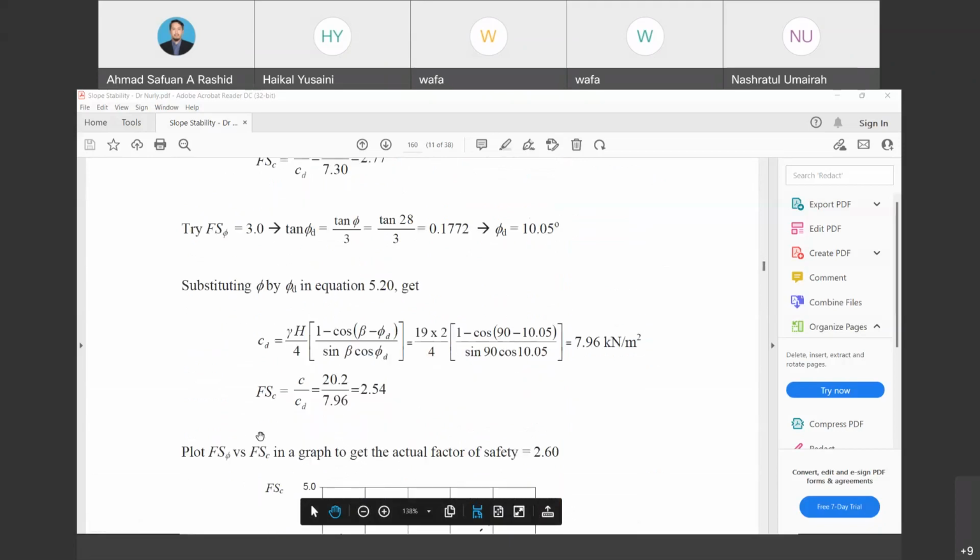From the FSC, C over CD is equal to 2.54. So again it doesn't show the same result. It is enough to carry out 3 attempts only.